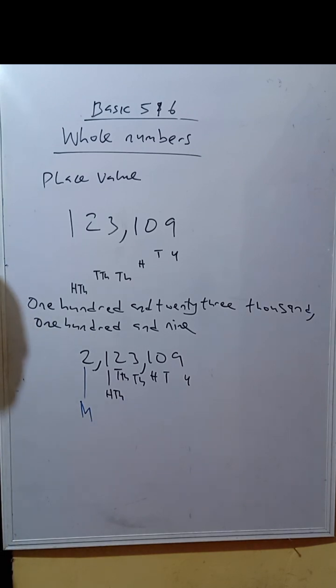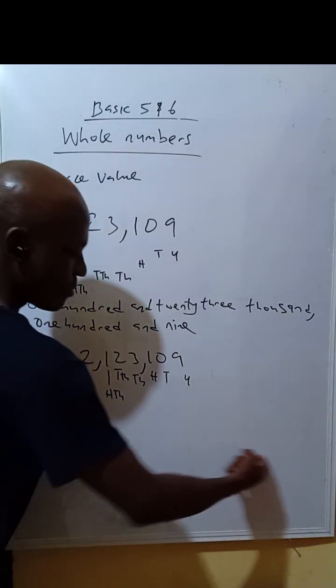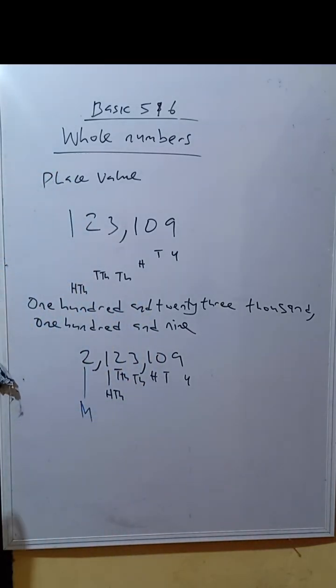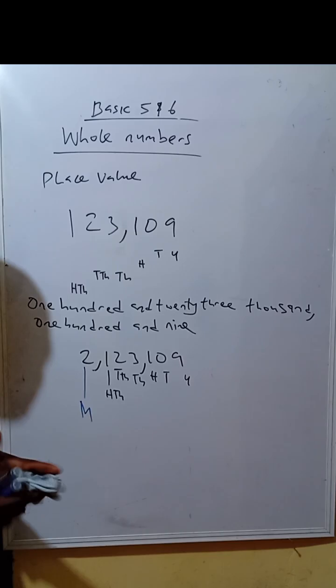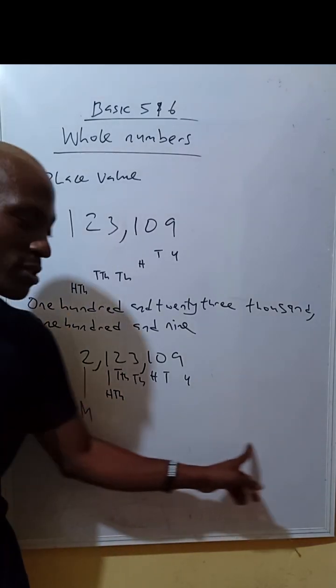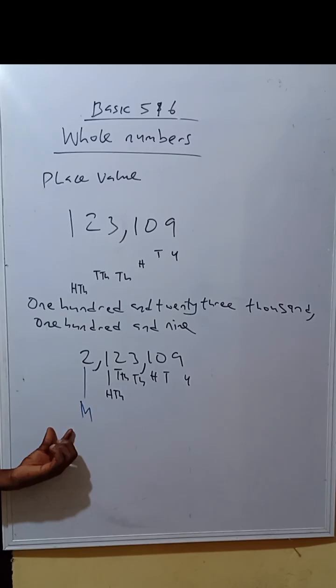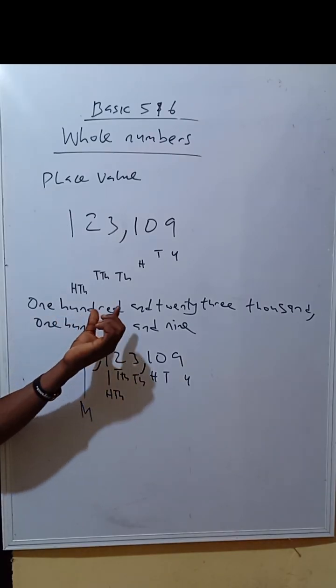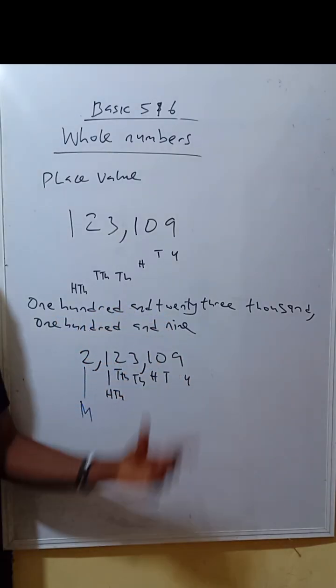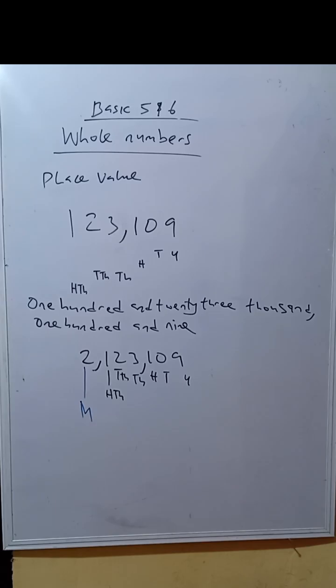I hope you understand that. You can write that down. That would be your first assessment. Write this down: 2 million, comma, 123,000, comma, 109. I want to see you write that down.